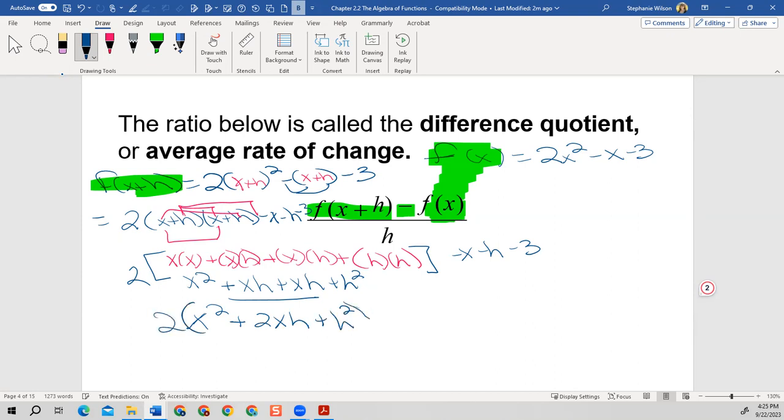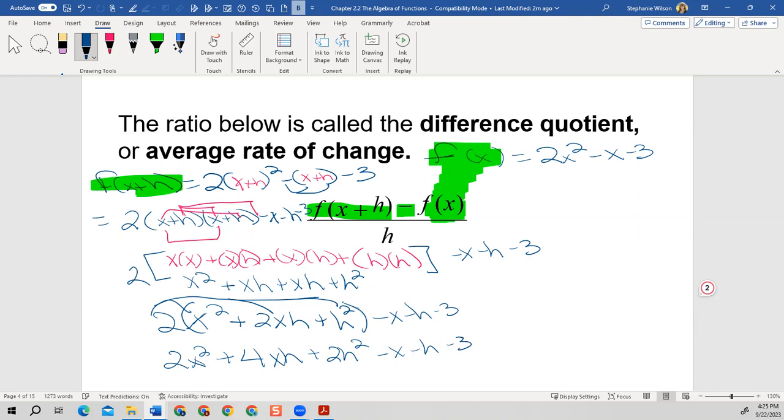Now let's distribute the 2. So now I got 2 times x squared, right? Now I got 2 times 2xh. And then I got 2 times h squared.